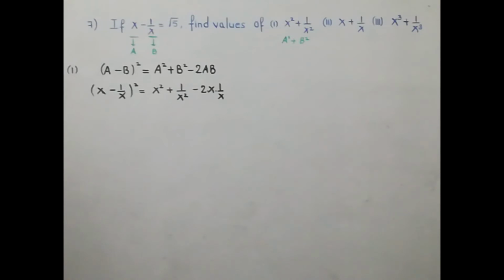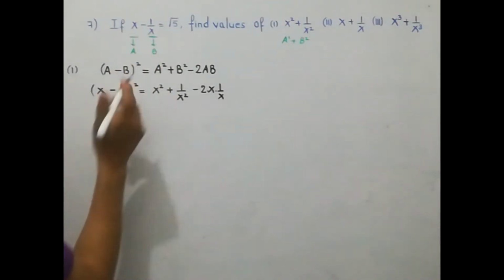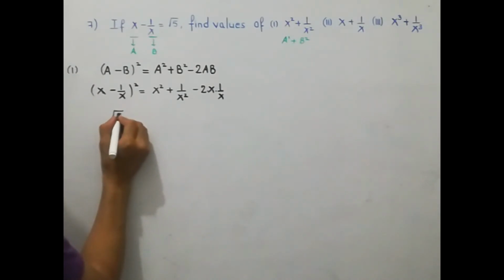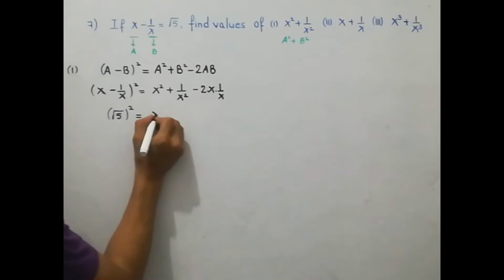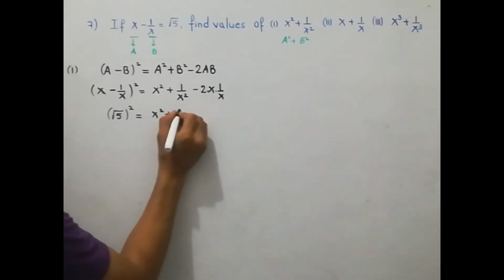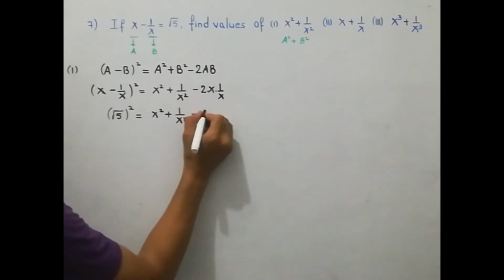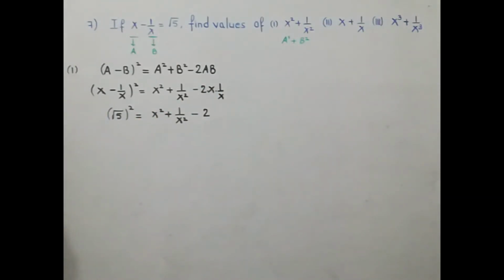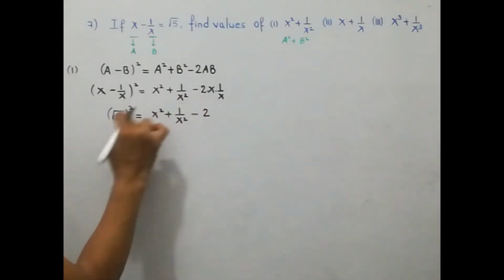So now here we are going to substitute the value. x minus 1 upon x is root 5. This will cancel out, so it will be left with minus 2 over here. Now this becomes 5 and this becomes plus 2.